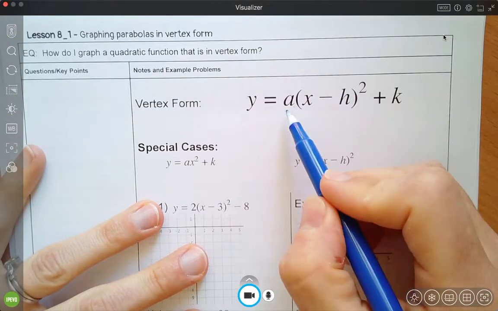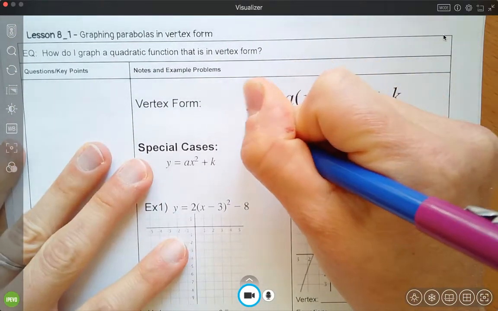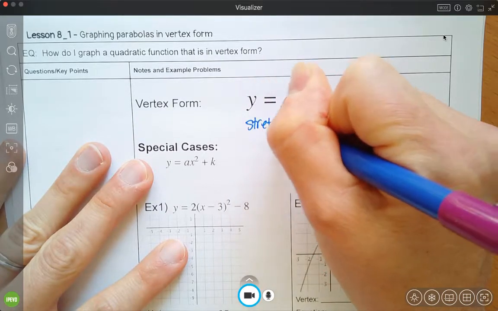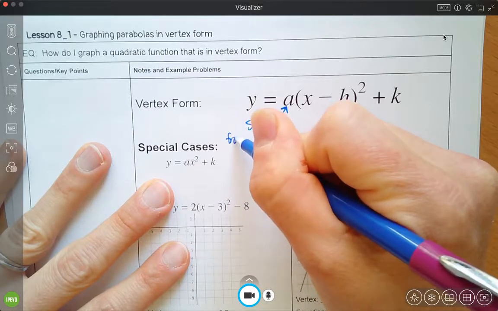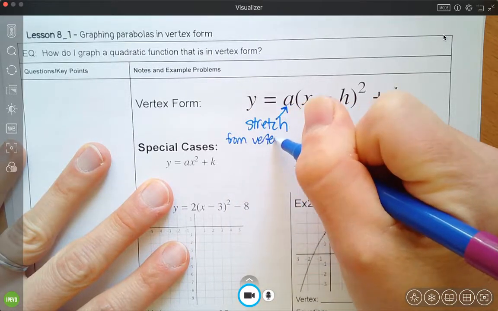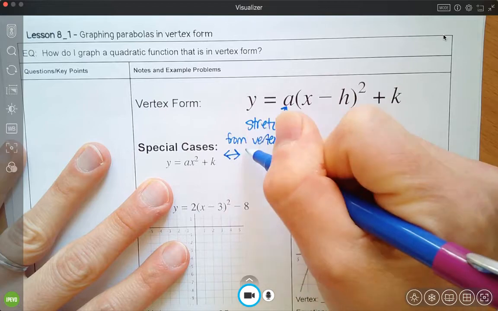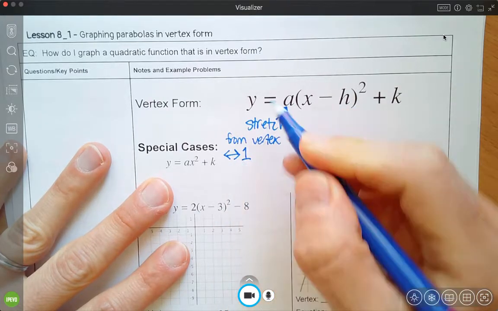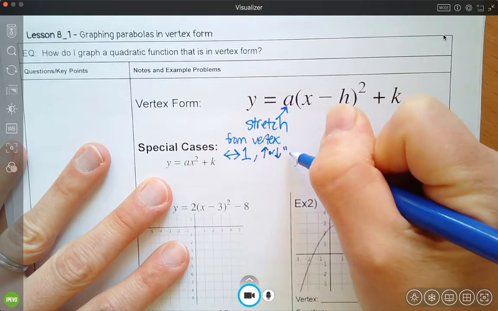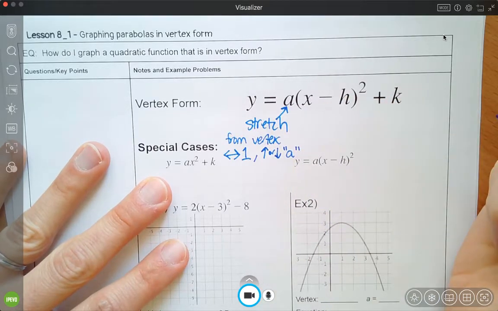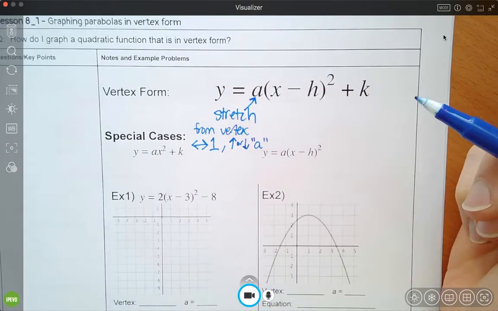Okay, so A is the stretch. That's not new. And so the stretch tells you from the vertex, you go over one, and you go over one left and right, and then you go up or down A, whatever A is. Okay, that's how we use the stretch.